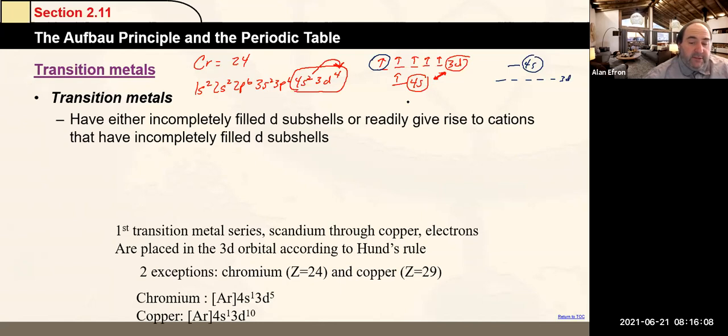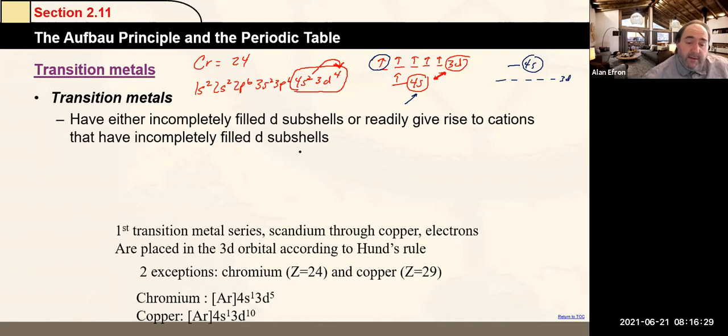So as the electrons go in, the s's are lower in energy than the d's, which is why the s gets them first, as we talked about earlier. But as you start filling those d orbitals, there's a switch that occurs. And that's going to be really important in terms of what happens when transition metals lose electrons, as we'll talk about here in just a second.